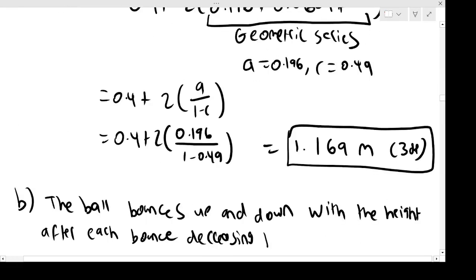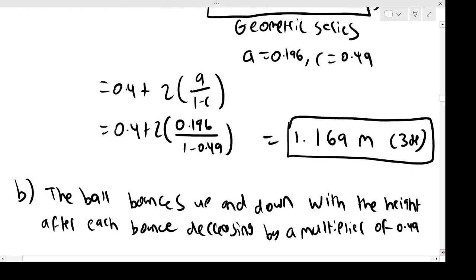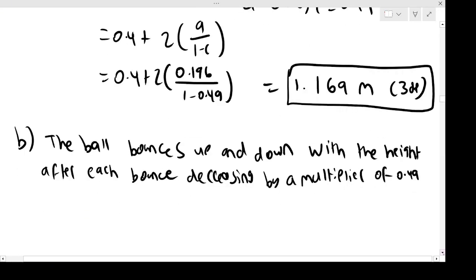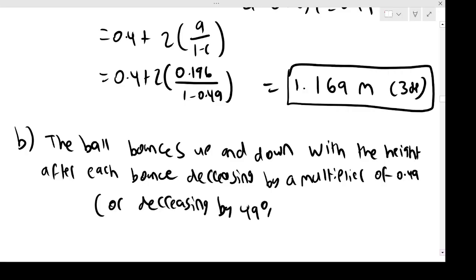Okay, so what I'm saying there is effectively the heights are being timesed by 0.49, so decreasing by 49%. In other words, decreasing by 49% after each bounce.